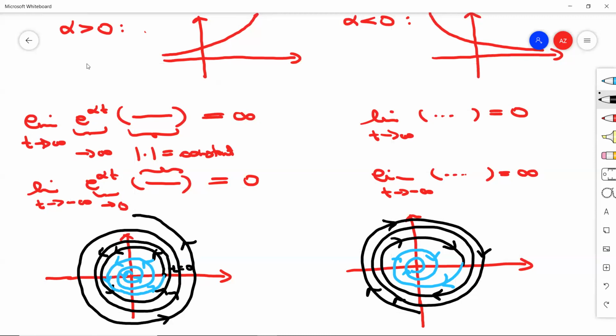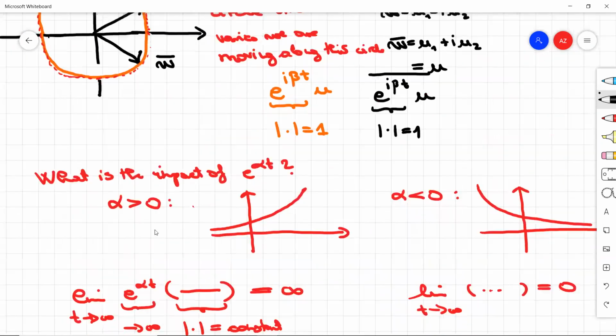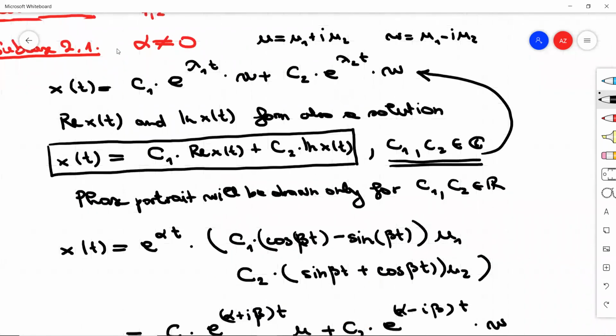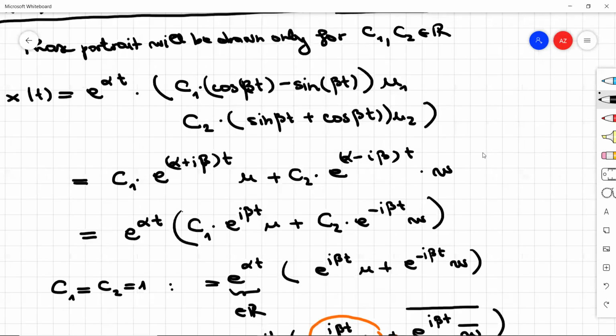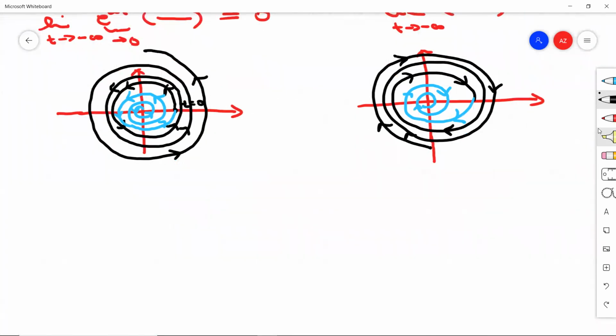Okay, and the case where alpha is 0. So here, if alpha is 0, this was subcase 2.1. If alpha is 0, this is also seen from the discussion above. So subcase 2.2. If alpha was 0, then the phase portrait would be the union of circles with centers in the origin.